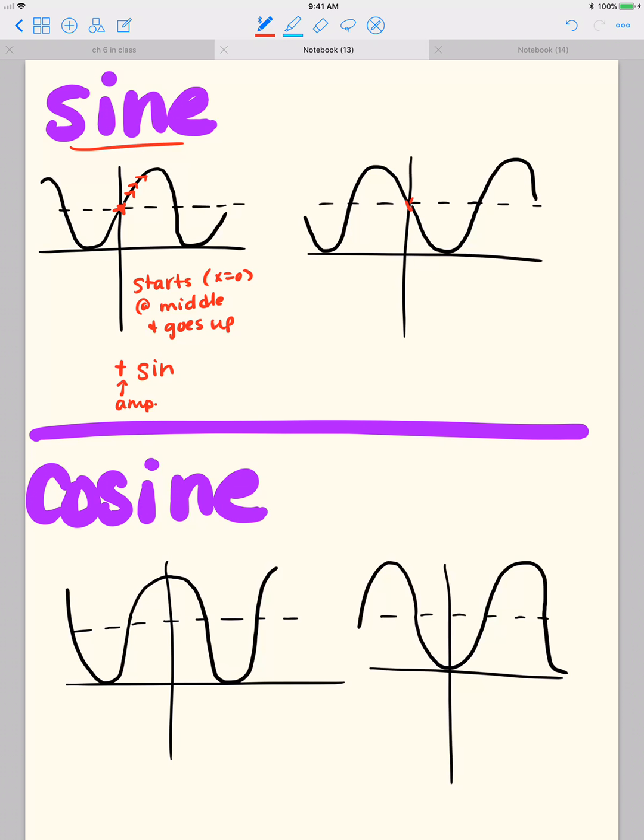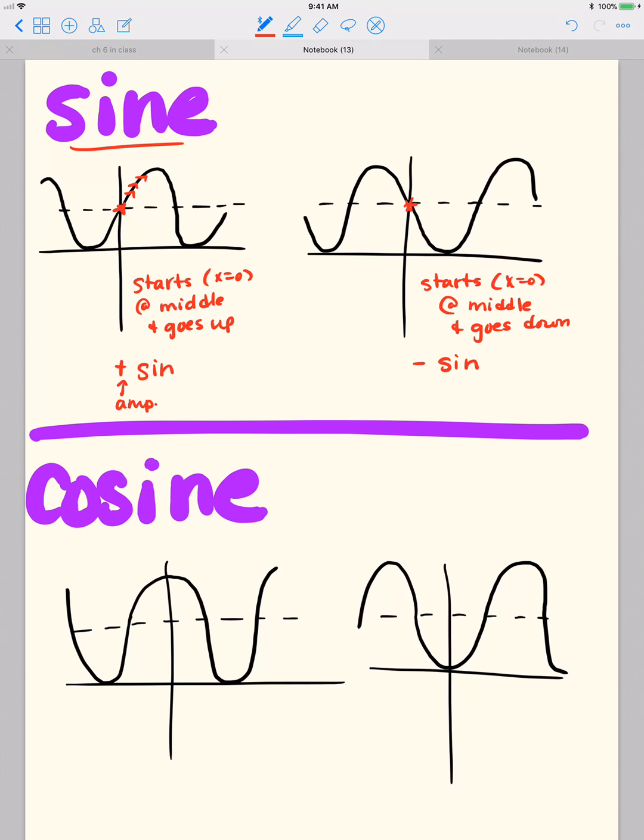If the function starts in the middle, at that midline when x is 0, and decreases and the graph itself goes down, then you're going to have a negative sine function. Again, the number of that amplitude will be out front, but the coefficient will become negative because of the shape of the graph.